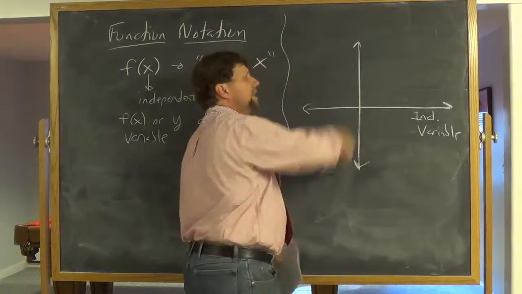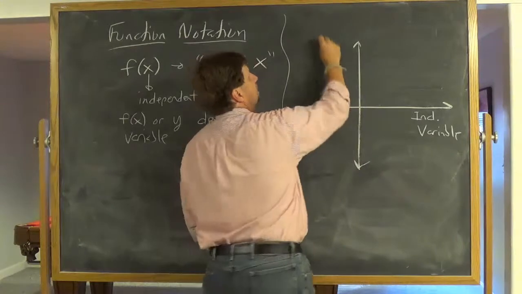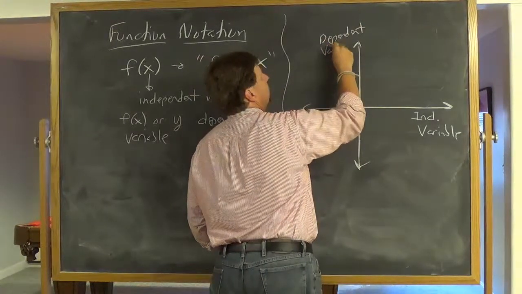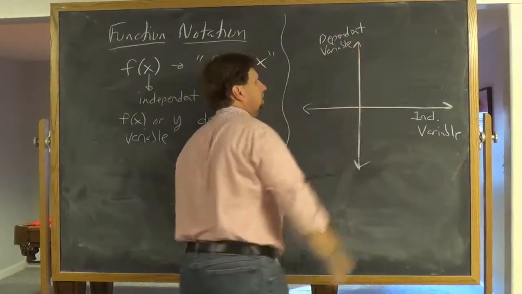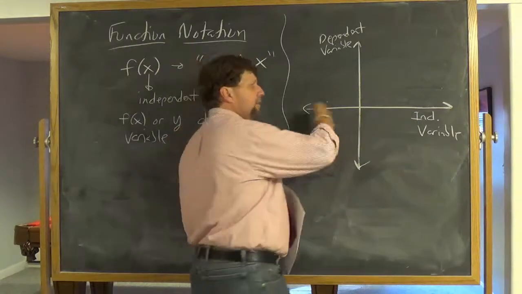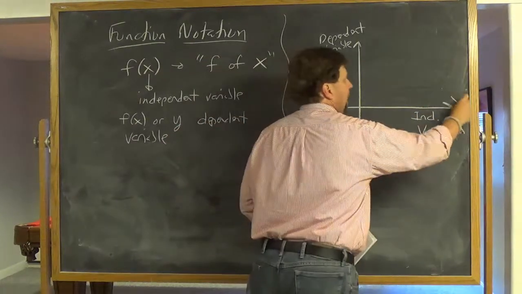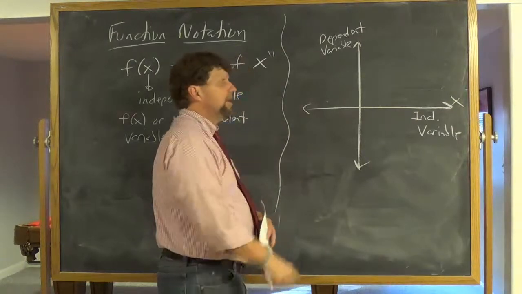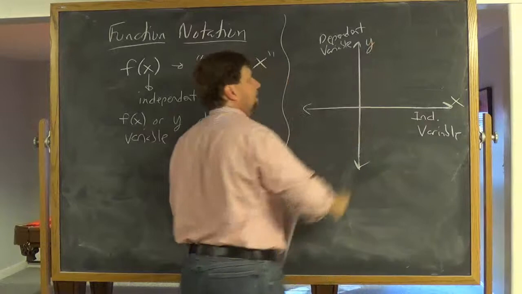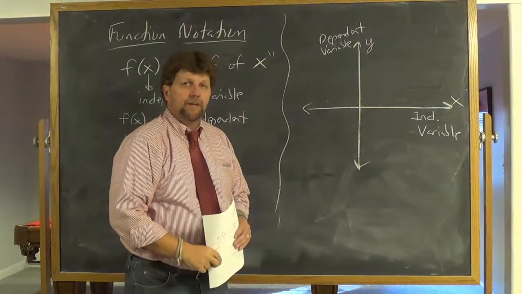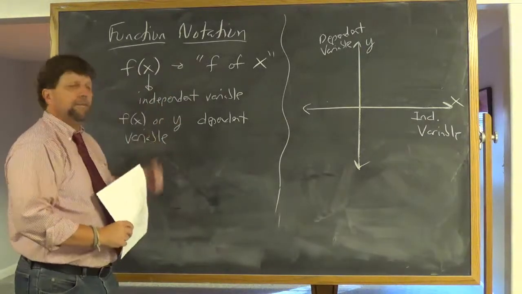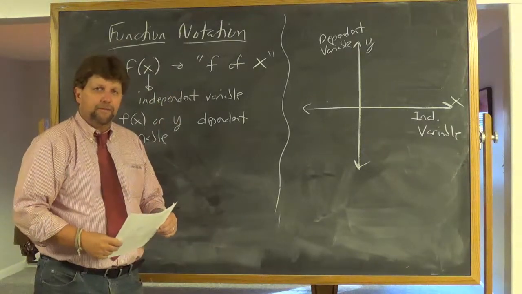And you will always label the vertical axis with the dependent variable. Now, 95% of the time, the horizontal axis is labeled with x. X is the independent variable. And your vertical axis is labeled with the variable y, the dependent variable. So that's a quick look at function notation, independent variable, and dependent variable.